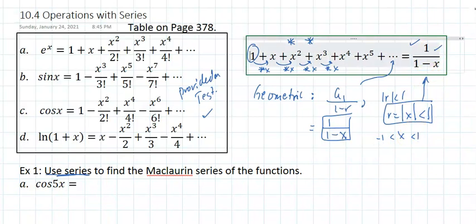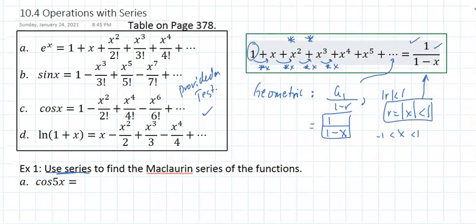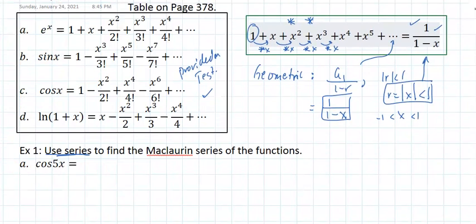So here, we're looking at example A. Use series to find the Maclaurin. You don't have to start from scratch and take derivatives. The cosine is right there. So we know this is going to be 1 minus, and the only thing that's going to change between those is the x. I'm going to replace the x by a 5x.